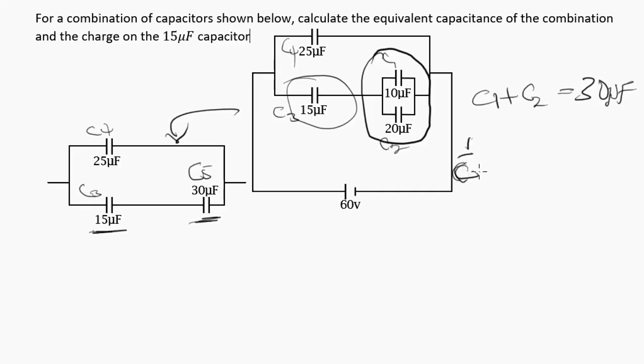Let's say 1 over C6 is the capacitance we get when I add this up.